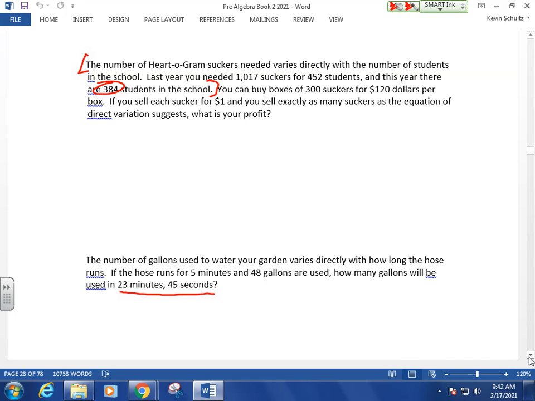The decimal equivalent of 23 minutes, 45 seconds is not 23.45 because minutes are not out of 100. It doesn't take 100 minutes to make an hour, right? It's out of 60. So you have to do some extra calculation to get that decimal equivalent for 23 minutes, 45 seconds. It is not this.